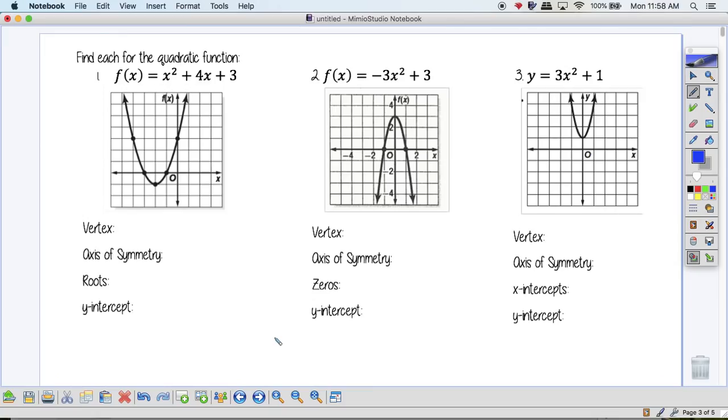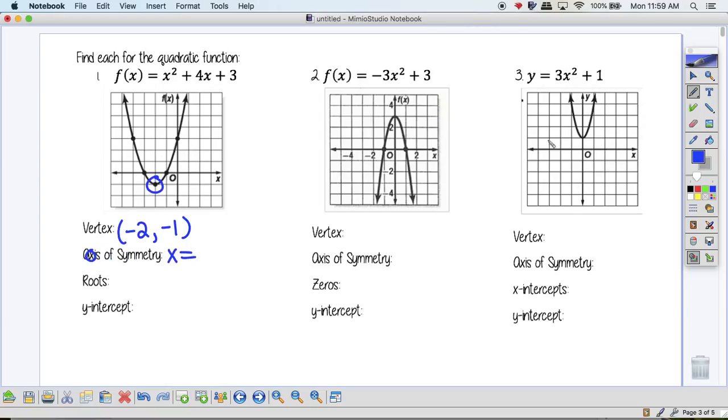Okay, on the next page, it says find each for the quadratic function. This is a quadratic function. The vertex is going to be this point right here, so that's the point -2, -1. The axis of symmetry, what did I tell you to always remember for axis of symmetry? You should always remember x equals.